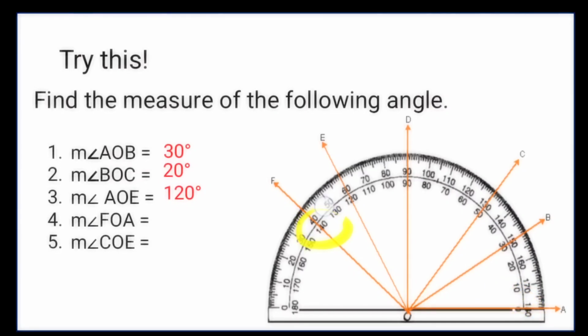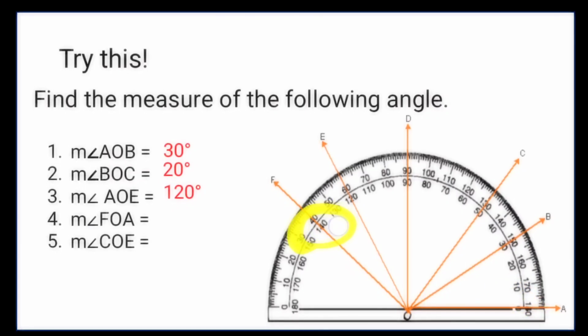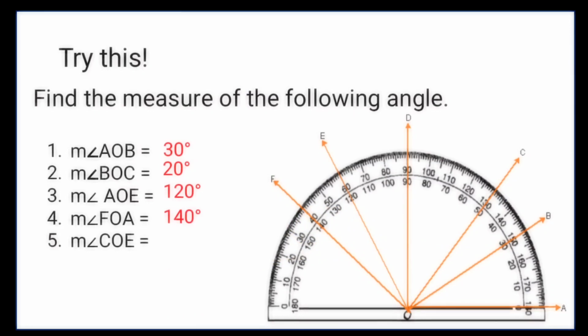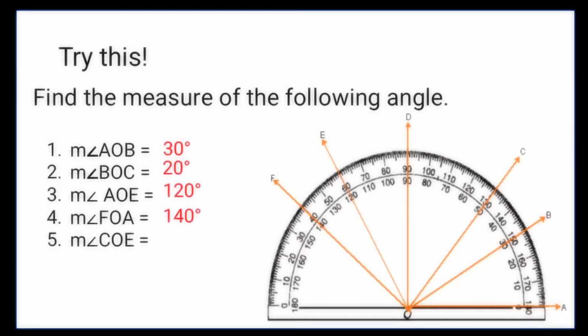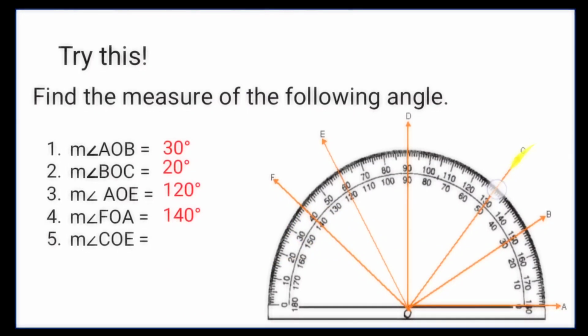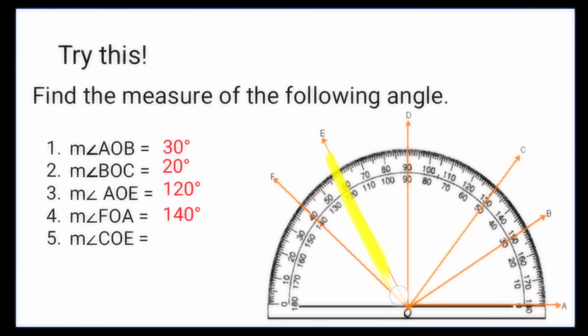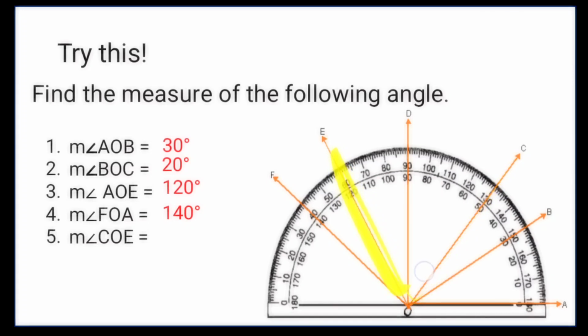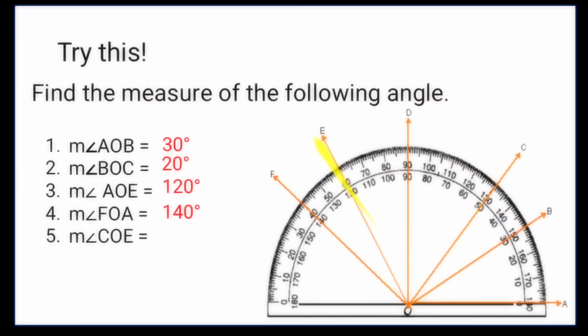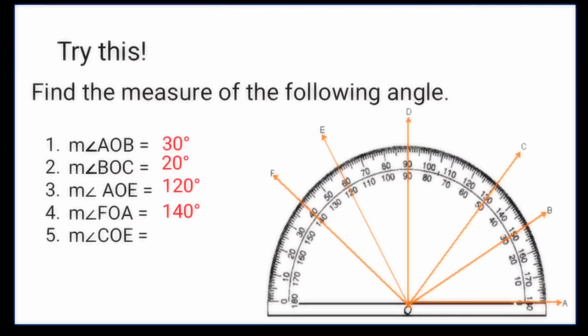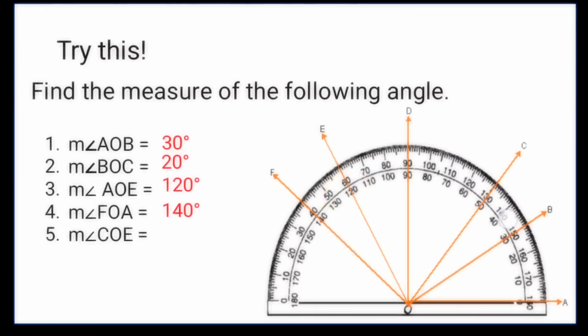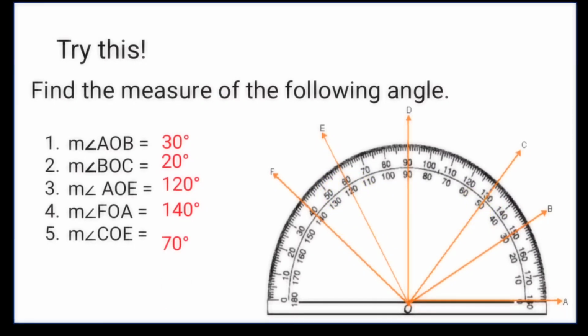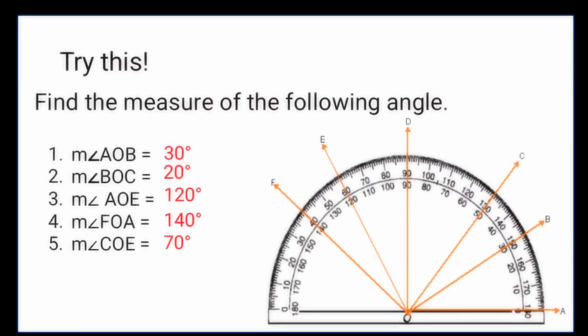We have the inner scale, which is 140 degrees. Number 5, measure of angle COE. COE, okay, both sides are not on the baseline. Therefore, get the values, then subtract. 120 minus 50 is 70 degrees.